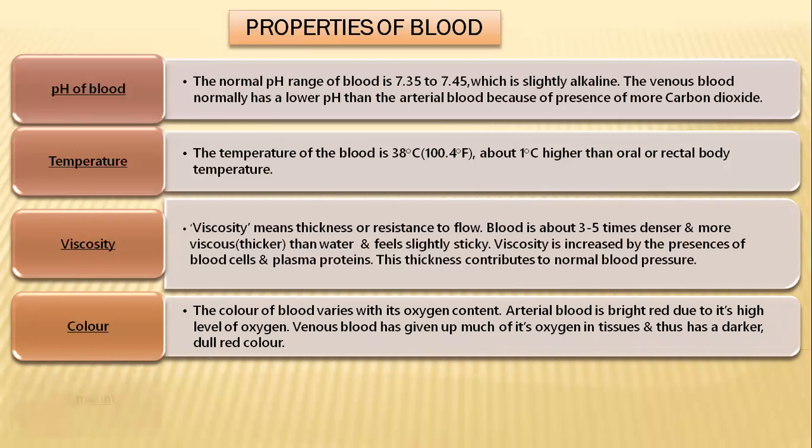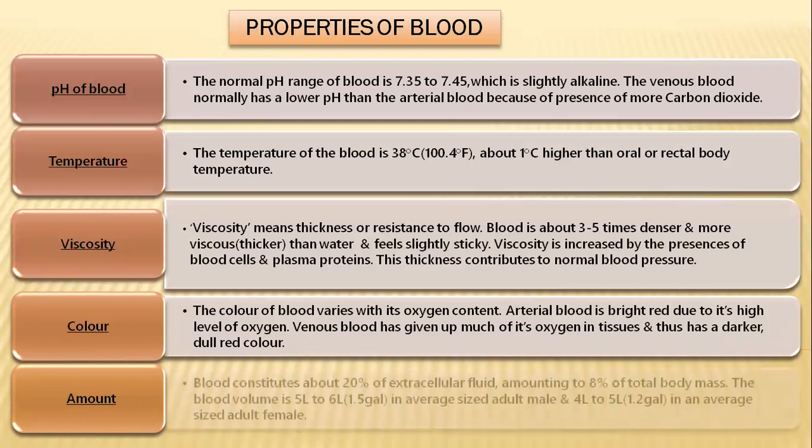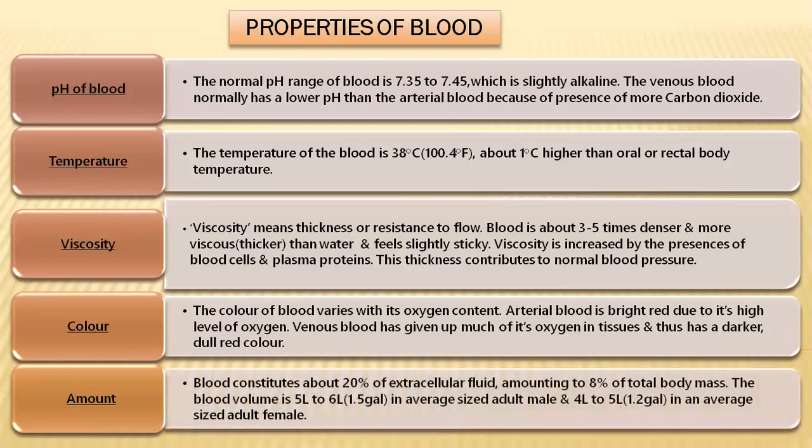Like I said, the amount of blood also depends on the weight of a person. In general, the amount of blood is about 8% of your body weight or body mass. So the heavier you are, the more blood you have. Blood constitutes about 20% of extracellular fluid.